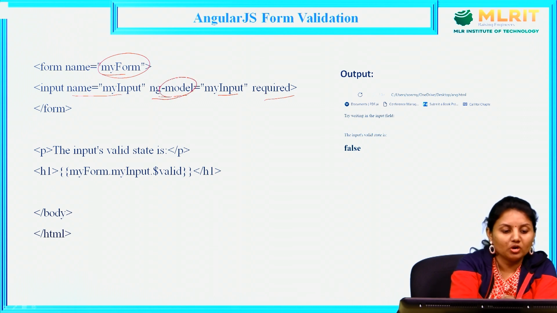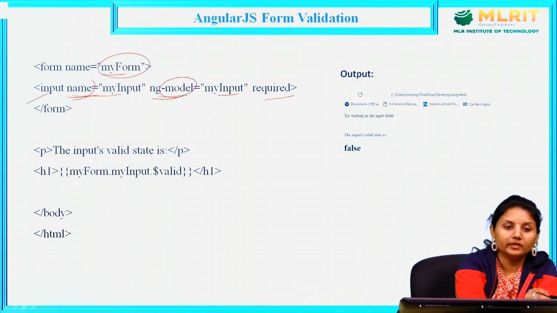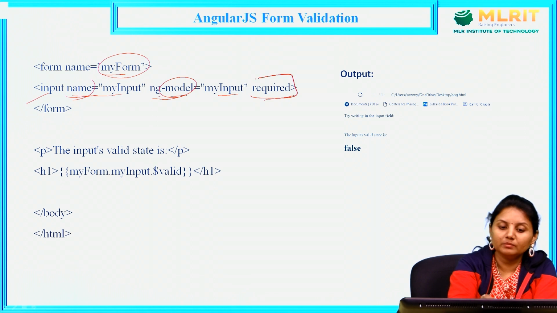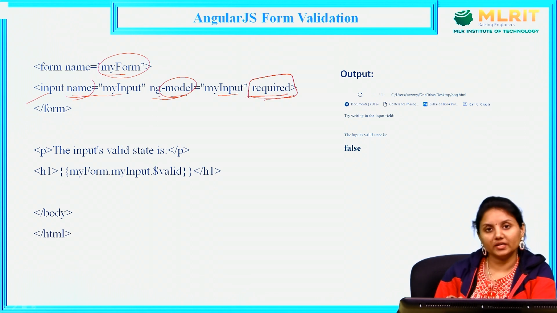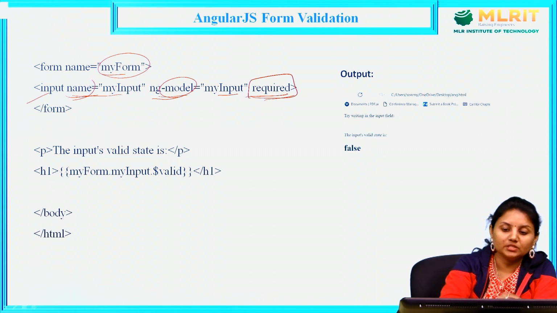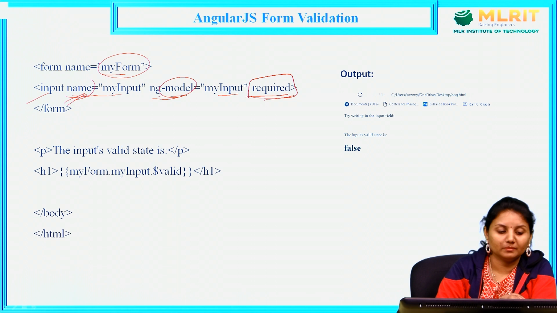So, ng-model you know, name you know, and the input tag you know. Required means you are just writing the word required inside the input tag. That means you are specifying that the name should be given by the user.